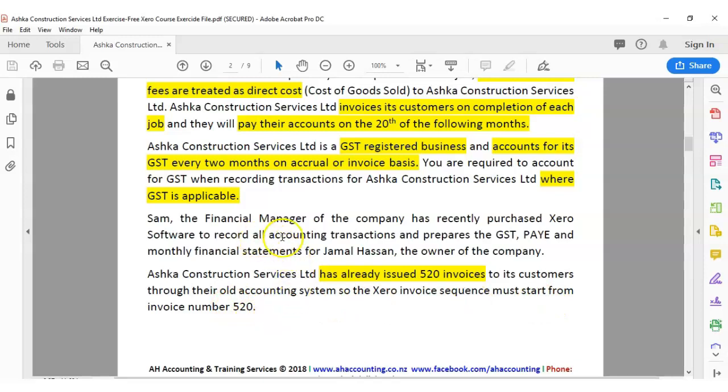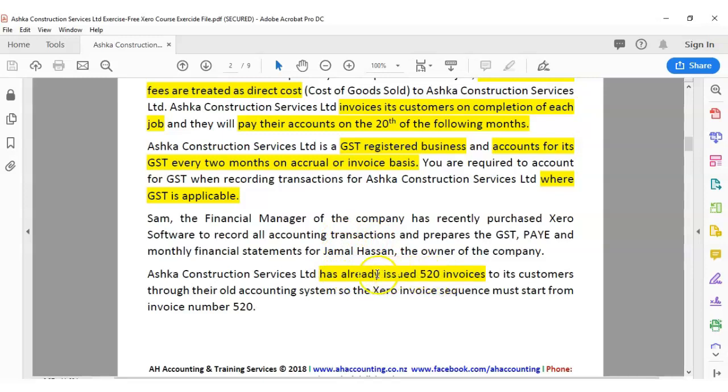So you are required to set up the account for the company because they have bought the Xero software, but they don't have the knowledge of how to set up the company. And also it's telling you that the invoice sequence must start from 520.